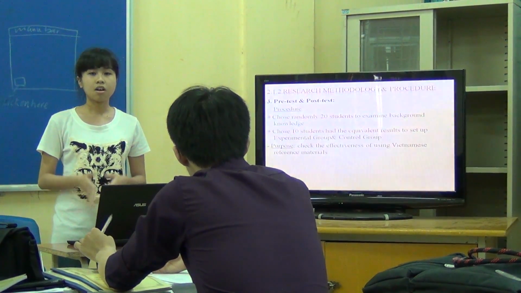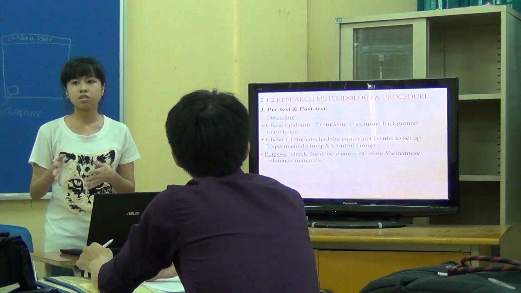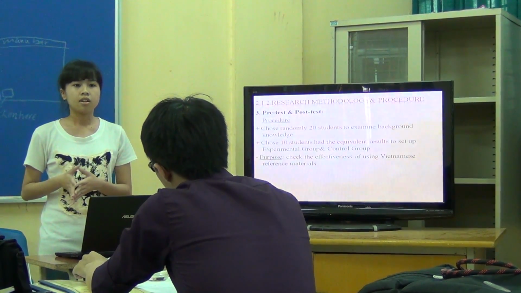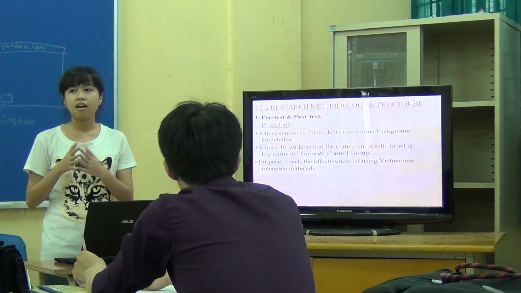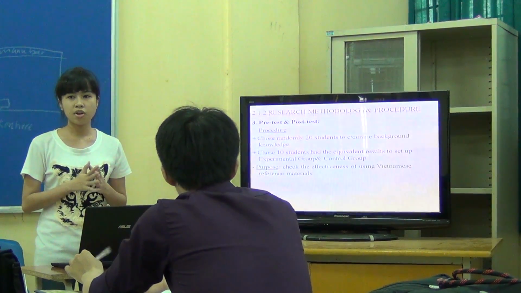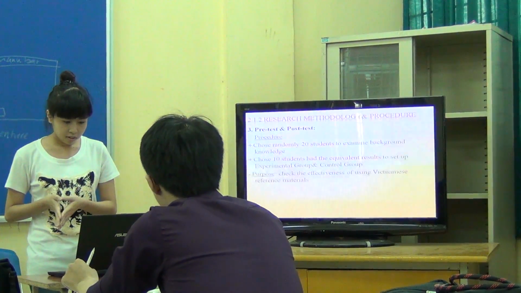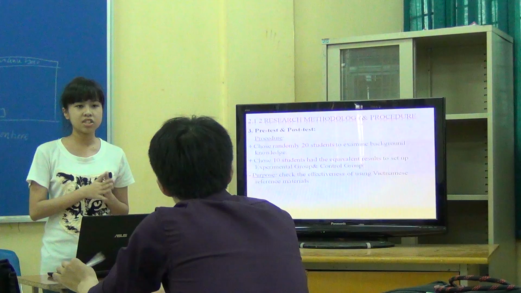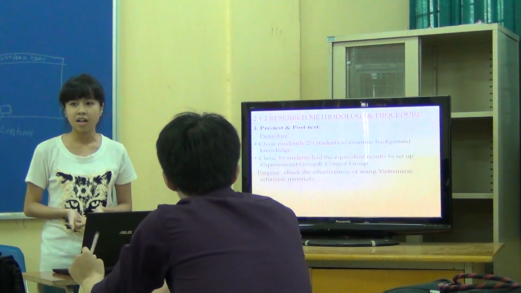And the third method is pretest and posttest. We chose randomly students to estimate exam knowledge in EET, and after that, 10 students were chosen to have the same result to set up an experimental group and a control group.